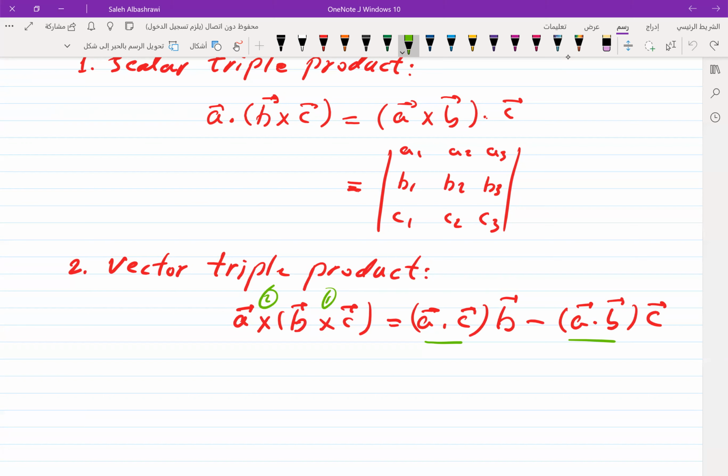This will take time. But using this formula, A dot C times B minus A dot B times C, will be easier and faster than the cross multiplication. So this is the special product for the vector triple product, and the output will be a vector. It is not a scalar. Let's have an example for this one and for these two.